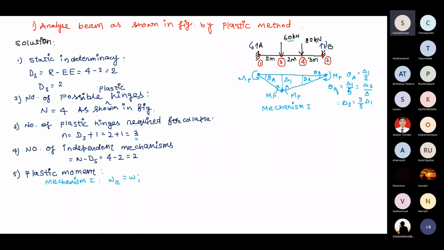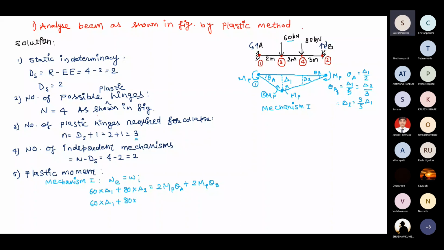So WE we have 60 into delta 1 plus 80 into delta 2 is equal to, now we can write directly, 2 Mp theta A plus 2 Mp theta B. And now all values we will convert into delta 1 only, so that we can cancel it.